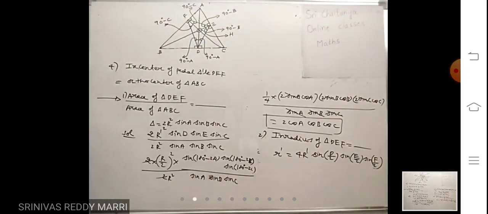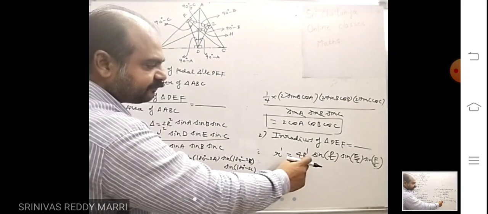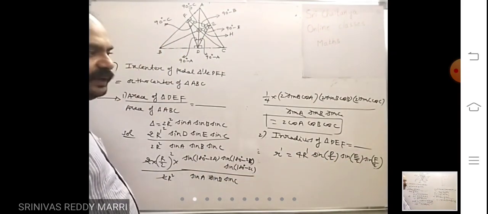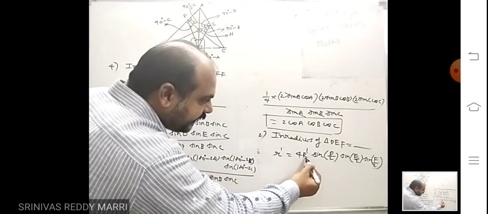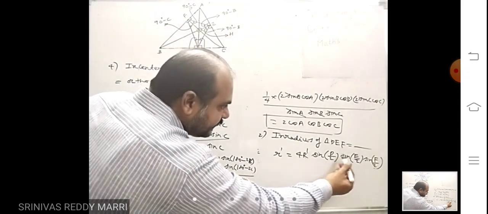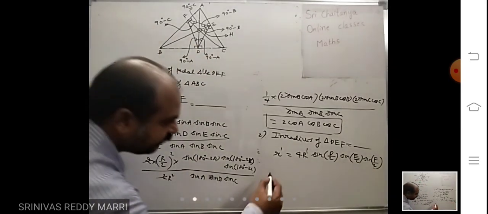The formula is the same. In the previous case, the formula is 4R sin A by 2 sin B by 2 sin C by 2 in triangle ABC. Here circumradius is R dash, and angles are D, E, F. So write this formula with 4R dash.